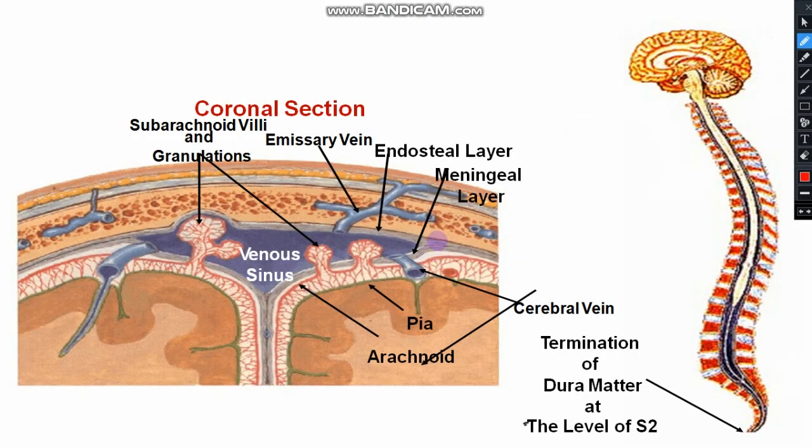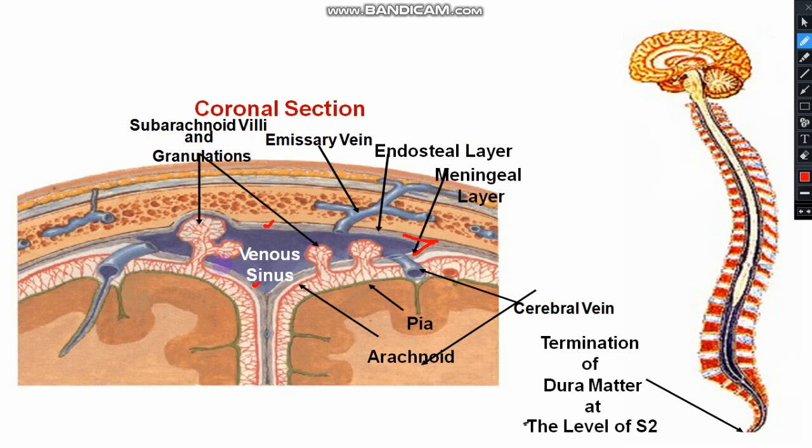We can see this outer layer of dura mater and this inner layer, and how this inner layer is getting enfolded and forming the dural fold. In between the outer layer and the inner layer, dural venous sinuses form, where the emissary veins drain blood from extracranial to intracranial.